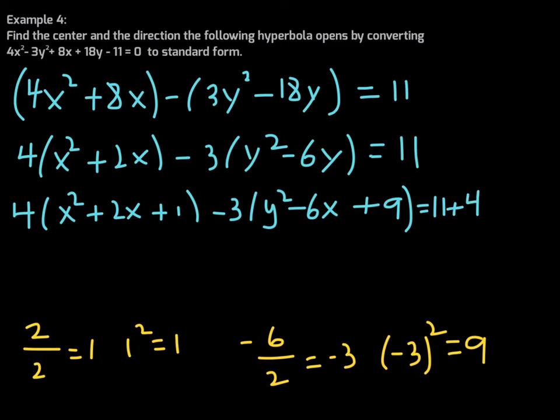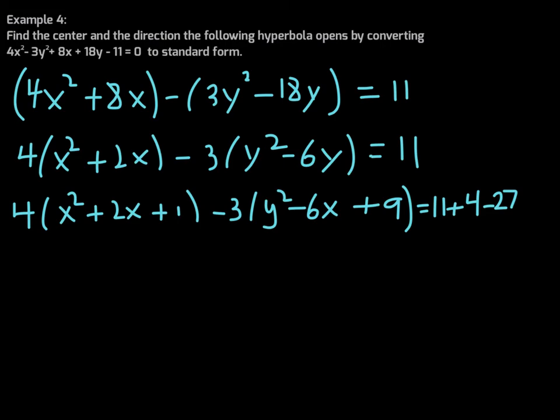Furthermore, I know you wrote 9 here, but you really added negative 3 times 9. You've really added negative 27. If you added negative 27 to the left, you have to add negative 27 to the right as well. Adding negative 27 is the same thing as subtracting 27.